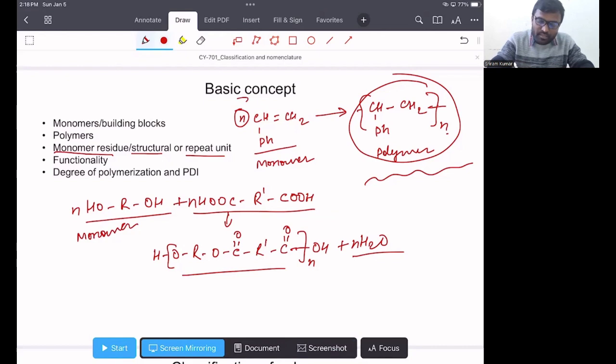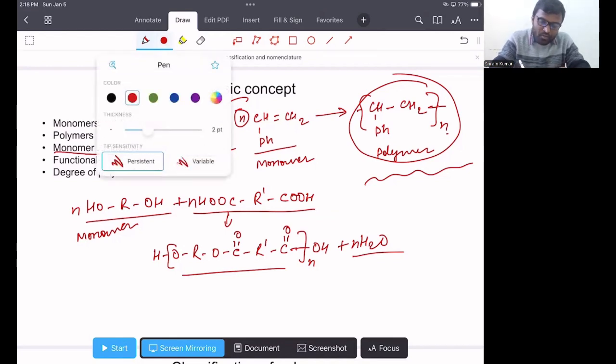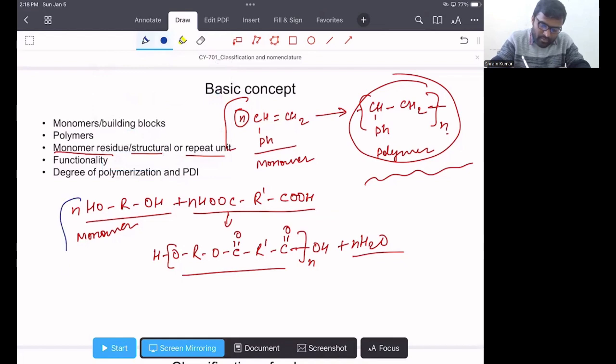In the first example, we have only one kind of monomer. However, in the second example, we have two monomers.